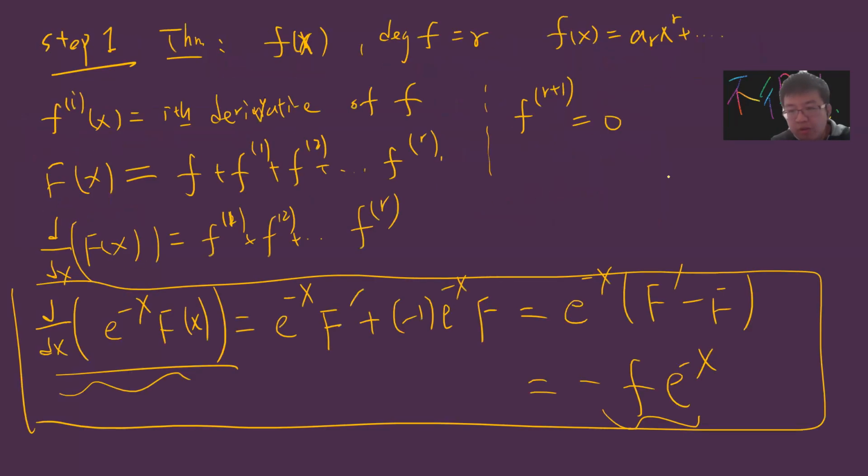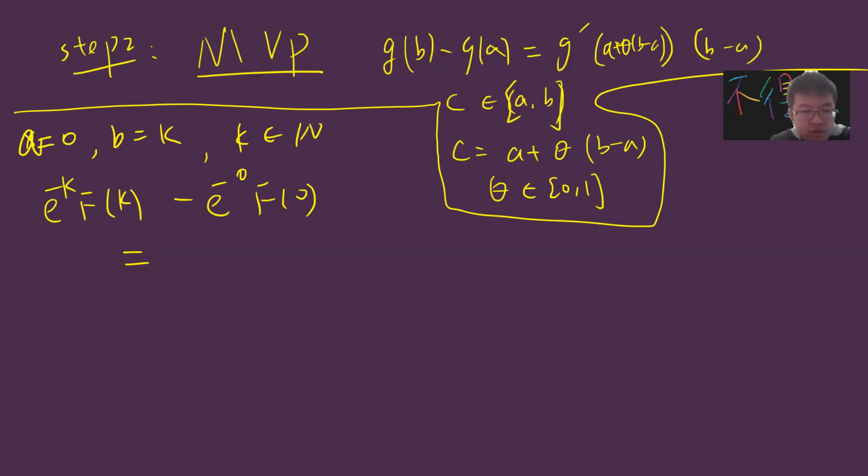The derivative is negative e to the minus x f of x, so it's minus f at theta k times k. I use theta k to label some point, where theta depends on k.